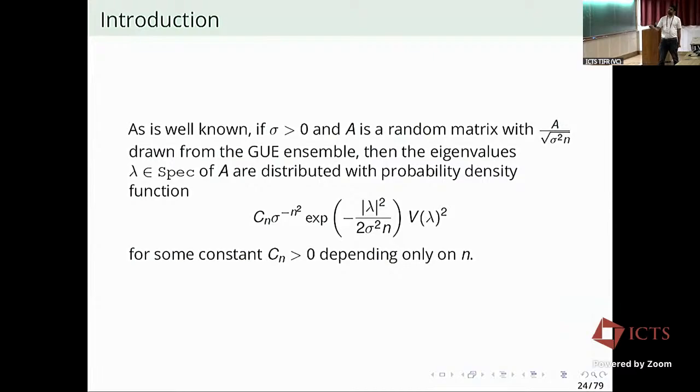The eigenvalues of a GUE are given by some constant depending on n, sigma to the minus n squared, where sigma is the scaling factor for the GUE, times e raised to minus the Euclidean norm of lambda squared divided by 2 sigma squared n, times the Vandermonde of lambda whole squared. Because here I'm taking A to be a random matrix where A by root of sigma squared n is a GUE. So this is basically scaled up by root n, it is also scaled up by sigma.